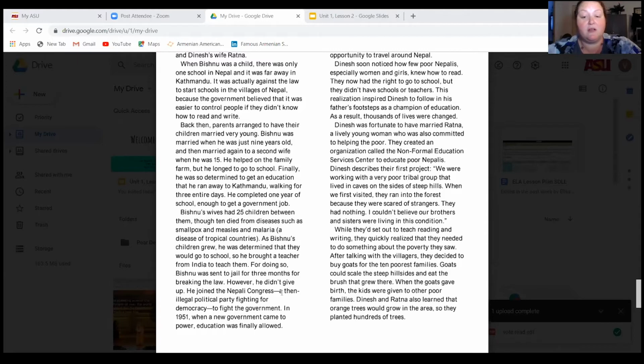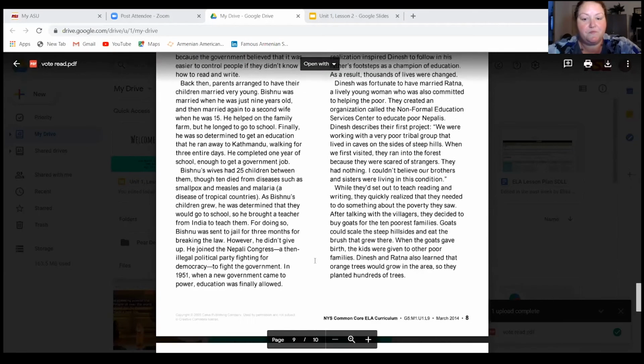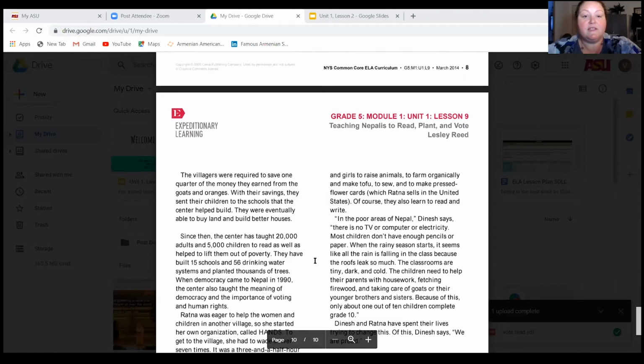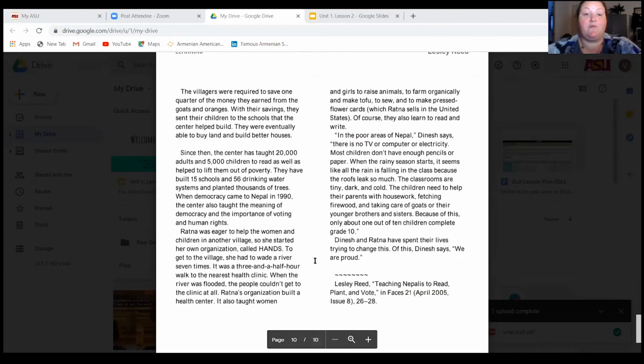Dinesh and Ratna also learned that orange trees would grow in that area, so they planted hundreds of trees. The villagers were required to save 1/4 of the money they earned from the goats and oranges. With their savings, they sent their children to a school that the center helped build. They were eventually able to buy land and build better houses.